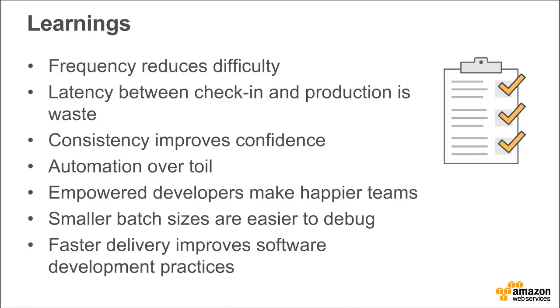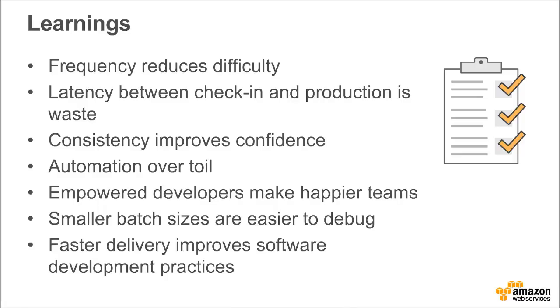And you may find that your deployment process is now 30 steps, and perhaps those steps are in a wiki, and maybe that wiki is not necessarily the most up-to-date information. So having consistency in your process, having some sort of scripted deployment procedure or some kind of automation will help you improve confidence and will help you reduce that latency between check-in to production.